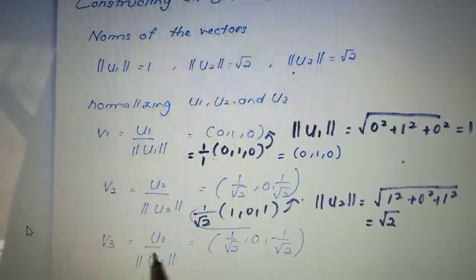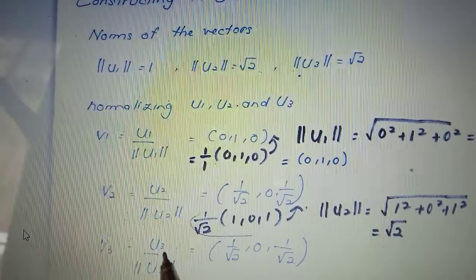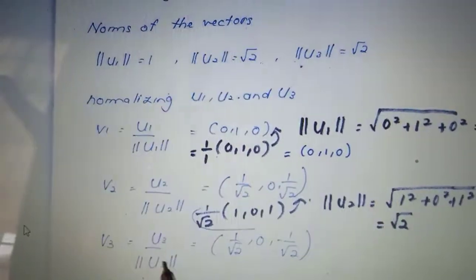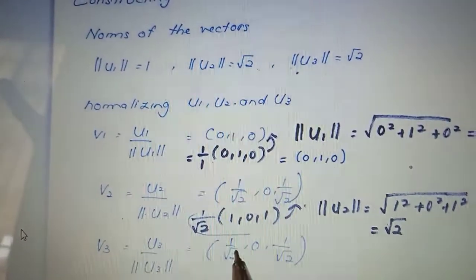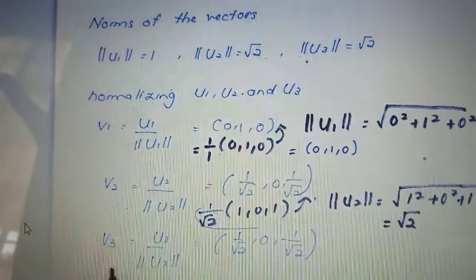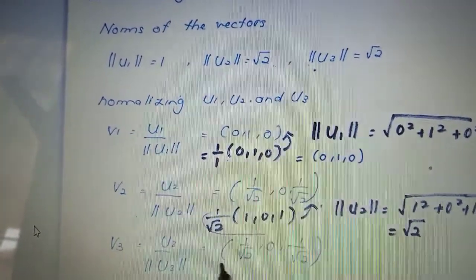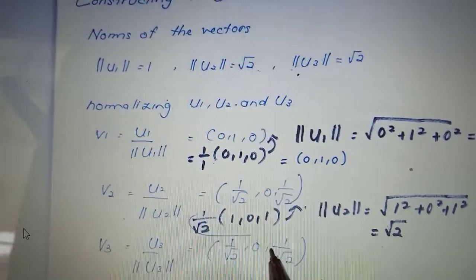Next for u3, we normalize u3 by getting u3 over norm u3. Norm u3 is 2, and u3 is 1, 0, 1. So let v3 be u3 over norm u3. Therefore, v3 is given by these components.